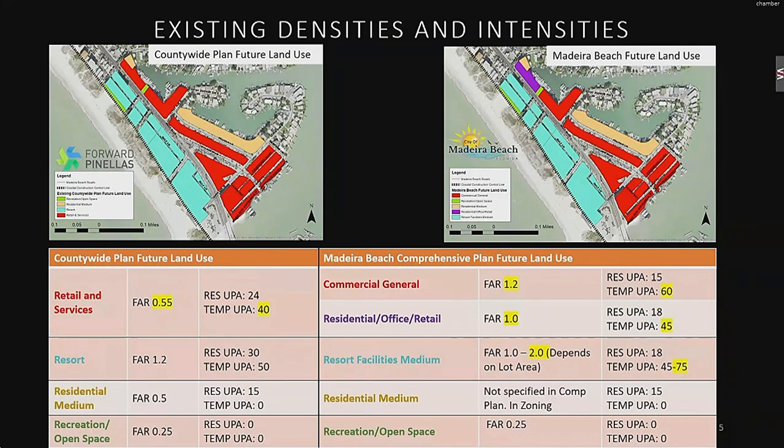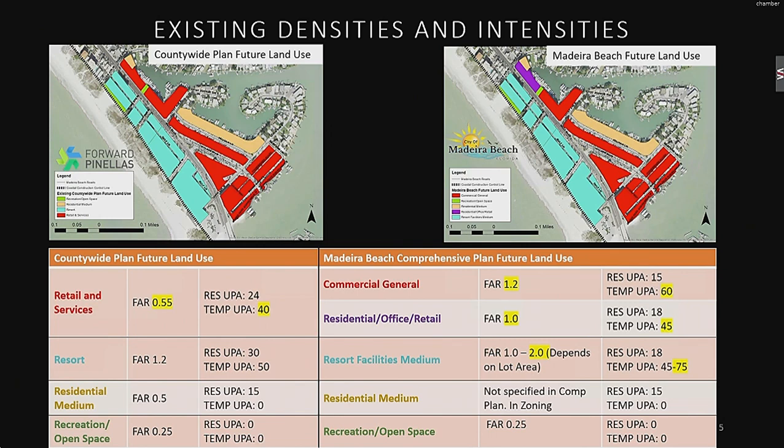Before this application, you can see the countywide plan future land use, and the future land use corresponding with our comprehensive plan, and how they're a little different. Like I stated before, we have to be in concert with the countywide plan.